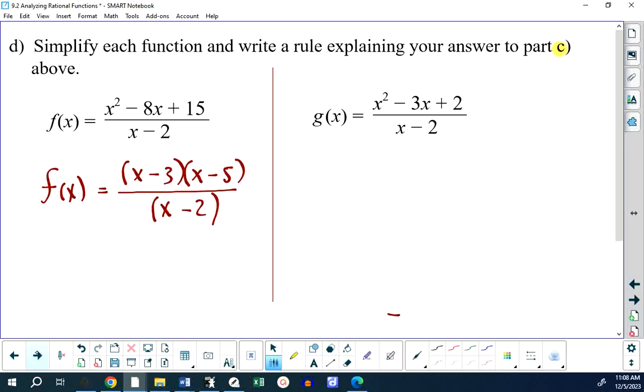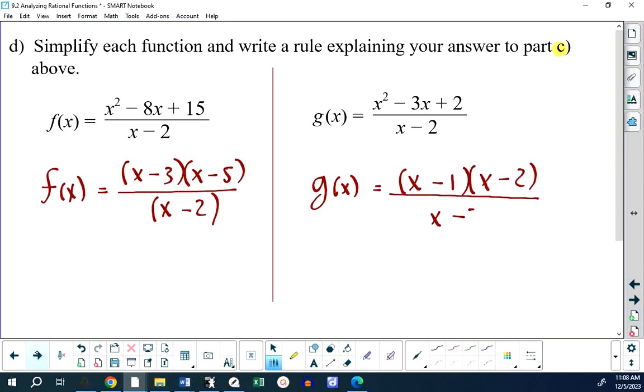What about this one? For g of x. g of x is going to be equal to the top factors into x minus 1, x minus 2, over x minus 2. And you're taught that the purpose of factoring is because factors are things you cancel. I mean, even going back to junior high or elementary school, if you had a fraction of 12 over 42 and you reduce that down to 6 over 21 and you reduce it further down to 2 over 7, I think that's right, isn't it?